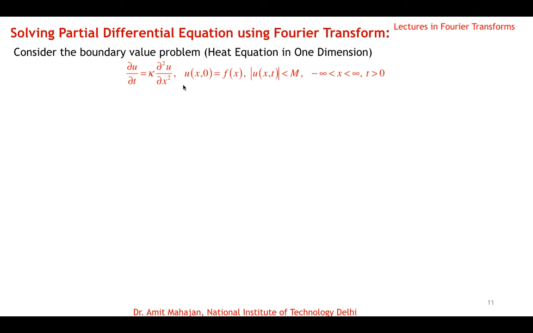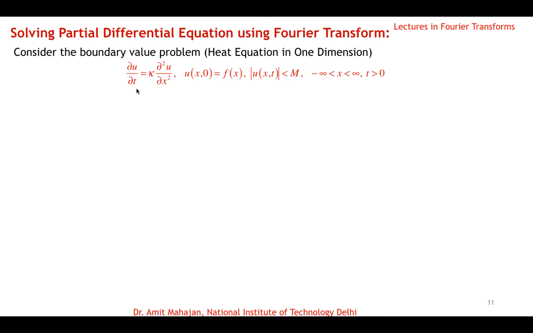Say you are given a thin rod with temperature u defined, and this equation will be satisfied. If we need to find the solution of this equation under this initial condition, and given this bounded function, we can do this by using the Fourier transform.